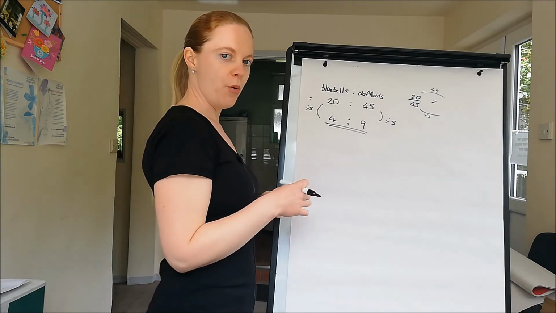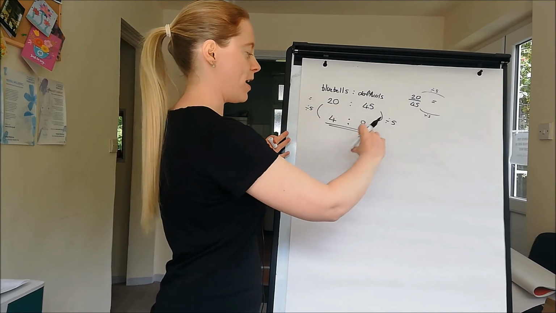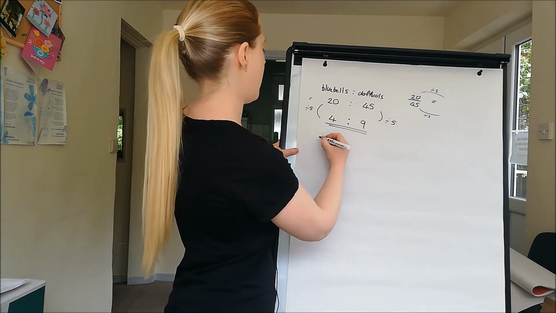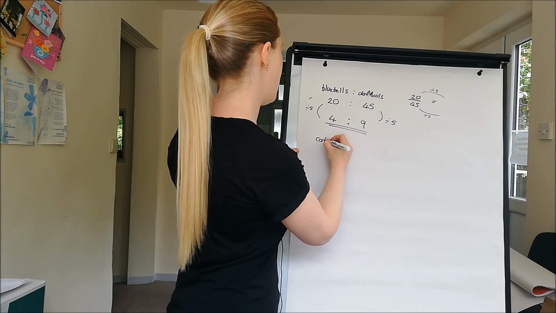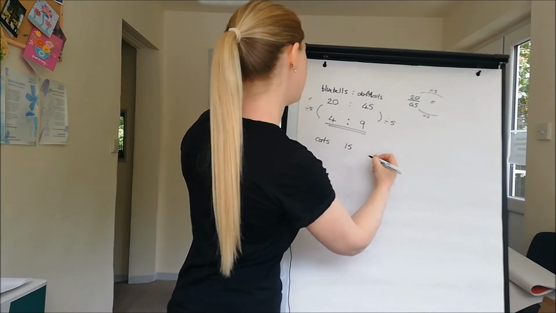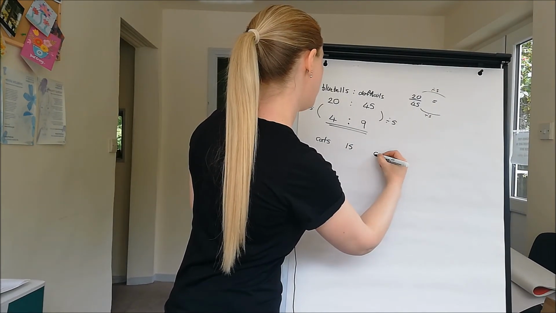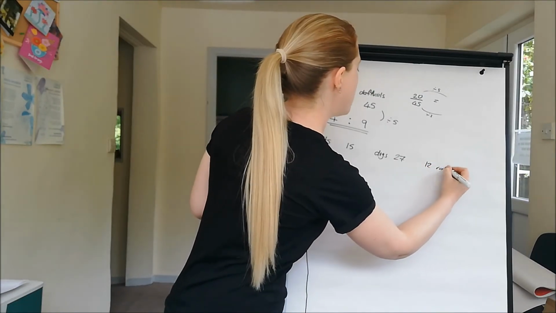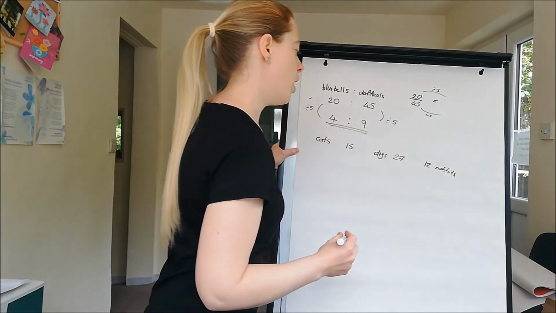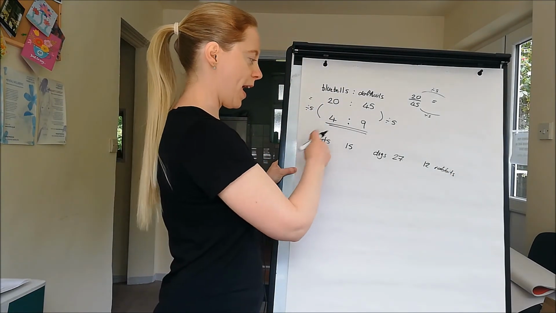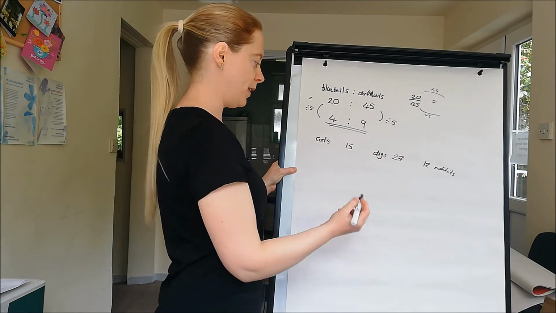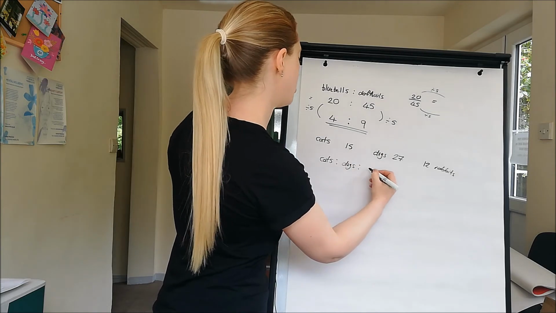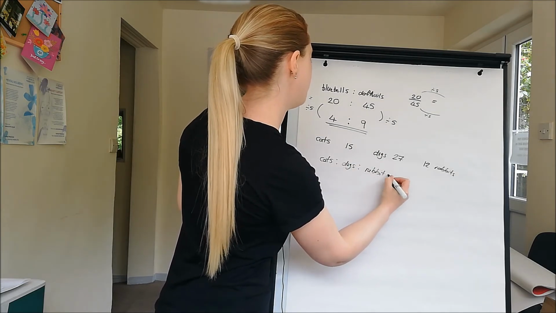Unlike with fractions though, you can get ratios with 3 or more parts. So if in an animal rescue centre we had 15 cats and 27 dogs and 12 rabbits, and we were asked to express the ratio of cats, dogs and rabbits in its simplest form, then we'd put cats to dogs to rabbits.